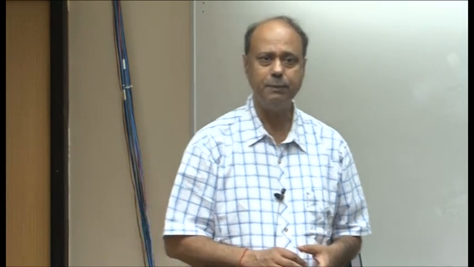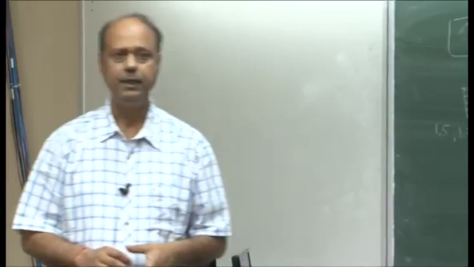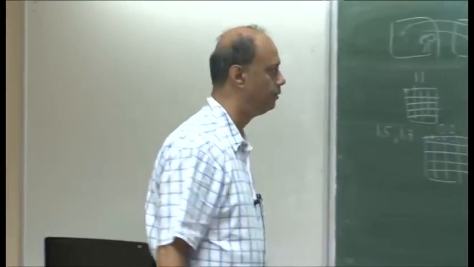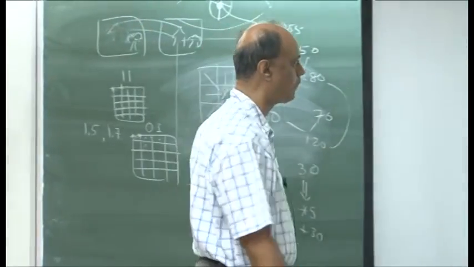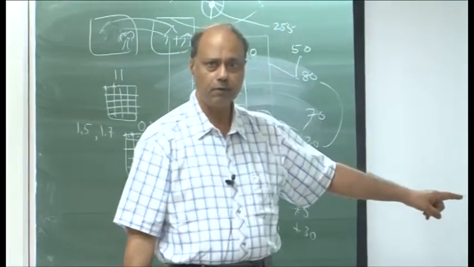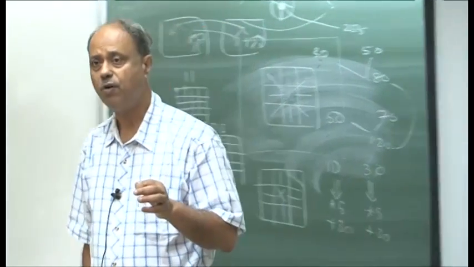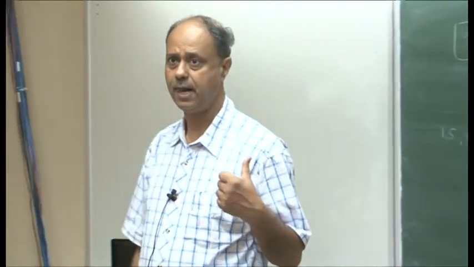Not the I1 minimum and I2 minimum, it is I1 minus I2, whatever minimum value, that will be taken into account. Is it clear? Here also there is a possibility of negative values because subtraction is there. So, if it comes to a negative value, you forcibly make it 0.